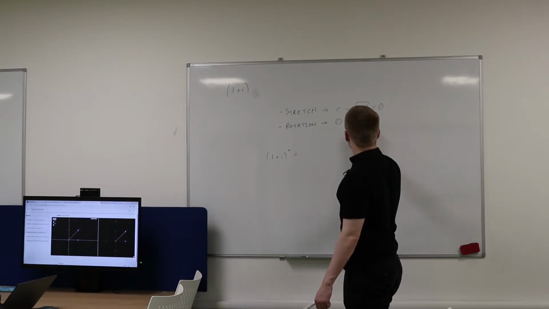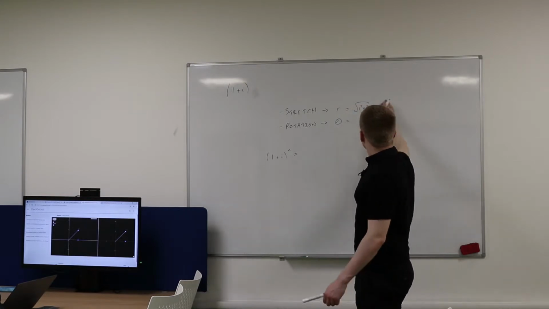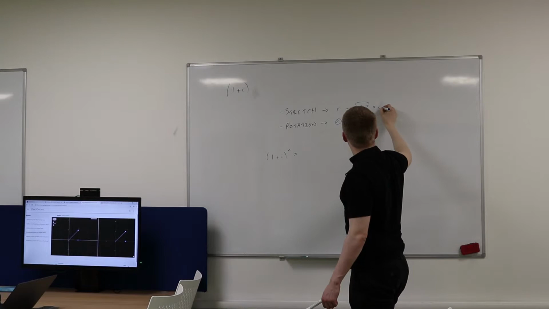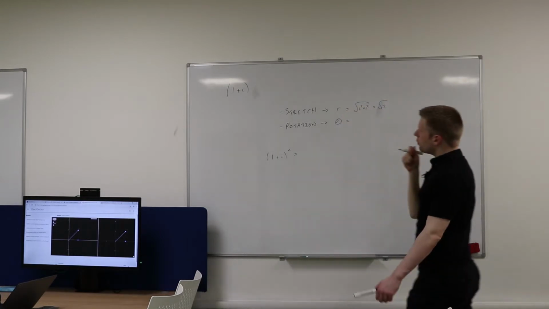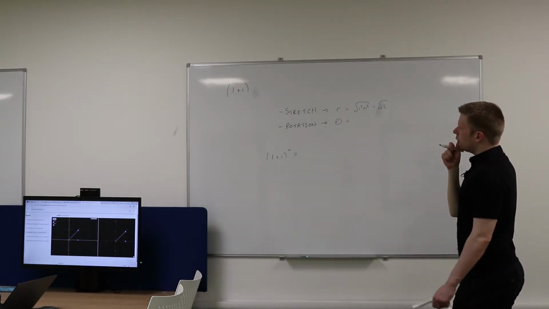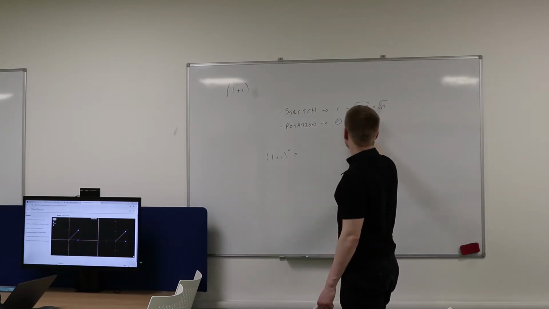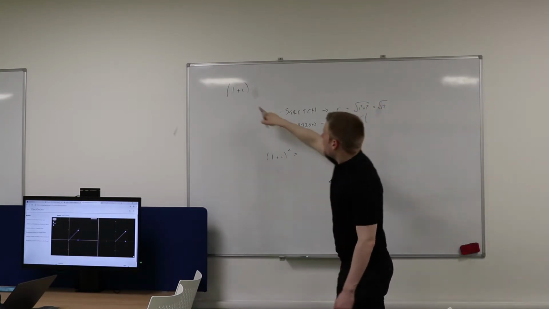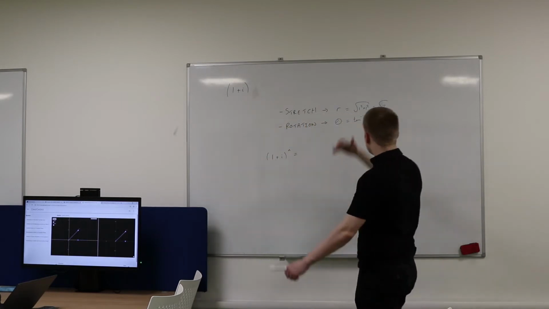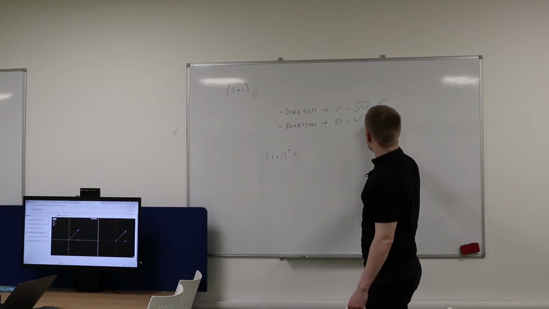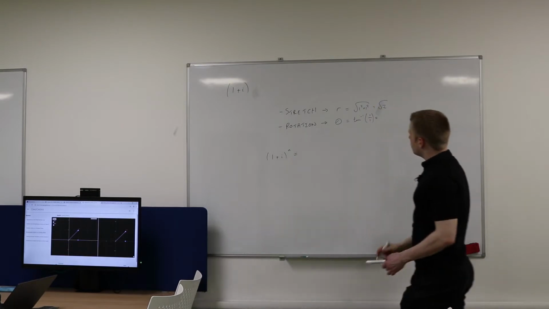And theta, how do we work that one out? It's not that difficult. So tan inverse of y divided by x, effectively the imaginary divided by the real. So 1 divided by 1. So what's the tan inverse of 1?